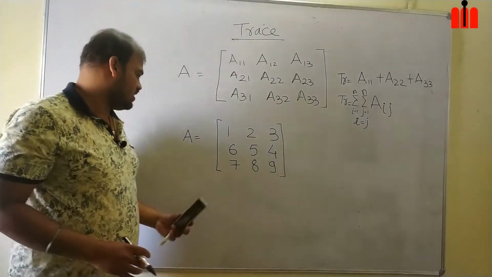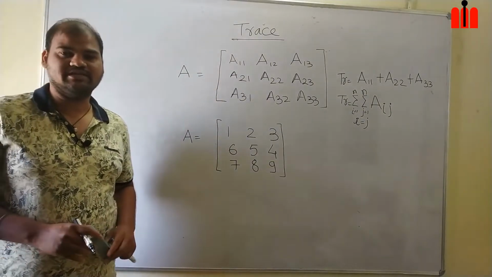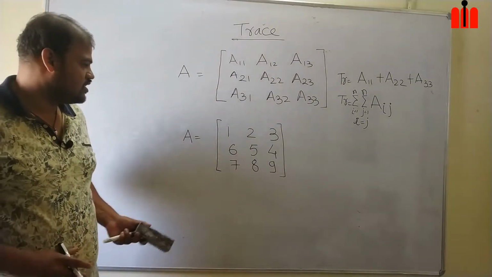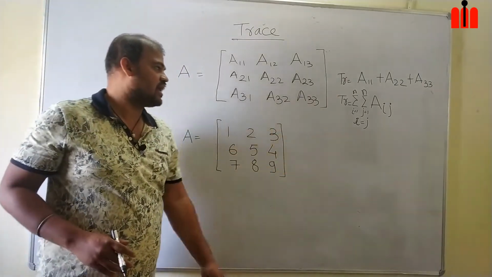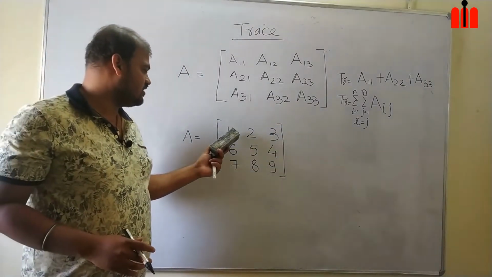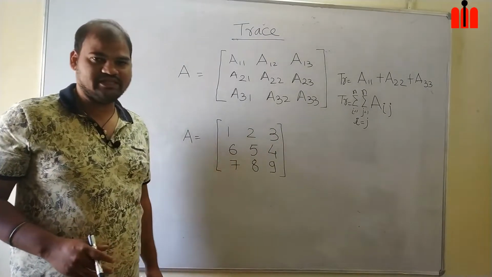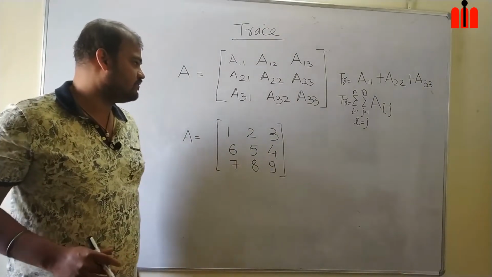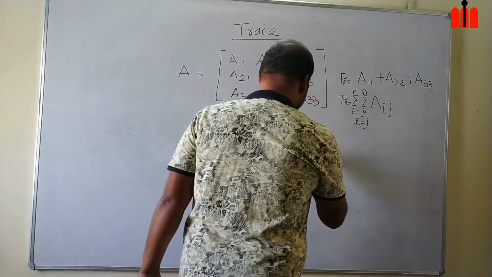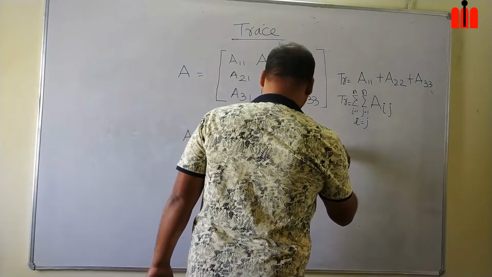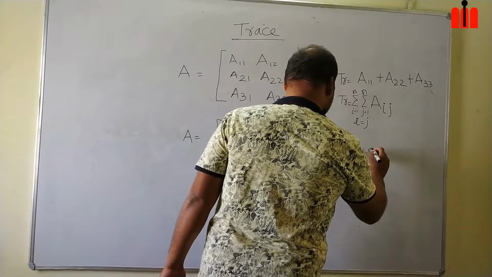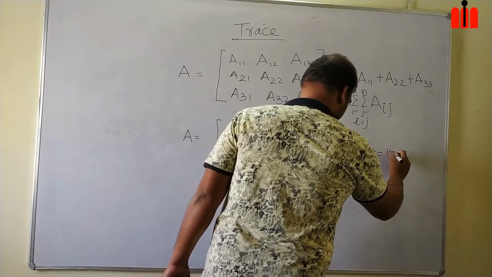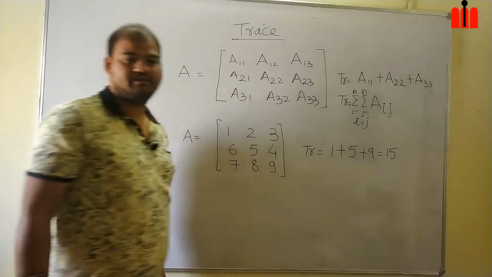Now let's go into this matrix and find the trace of this. What will be the diagonal elements for this? With this definition, with i equal to j, we are getting a11, a22, a33, right? So 1, 5, 9. So trace for this will be 1 plus 5 plus 9, which is equal to 15.